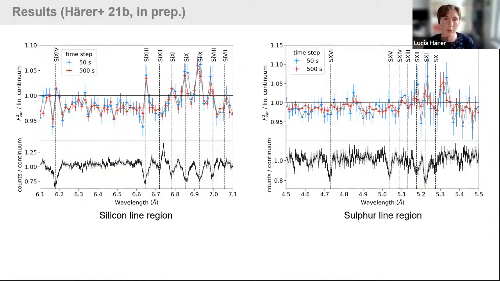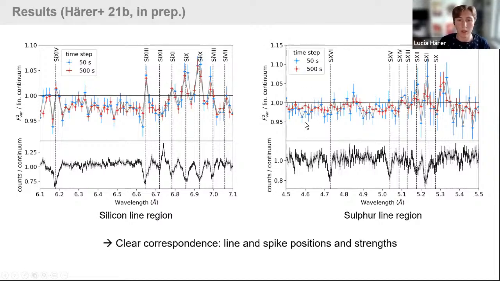We obtained a similar result for the sulfur line region, although this is less significant due to the gap filtering which I described before, which by chance affected this region. From the clear correspondence that we see, we conclude that the spikes are probably caused by some variability that is intrinsic to the lines.